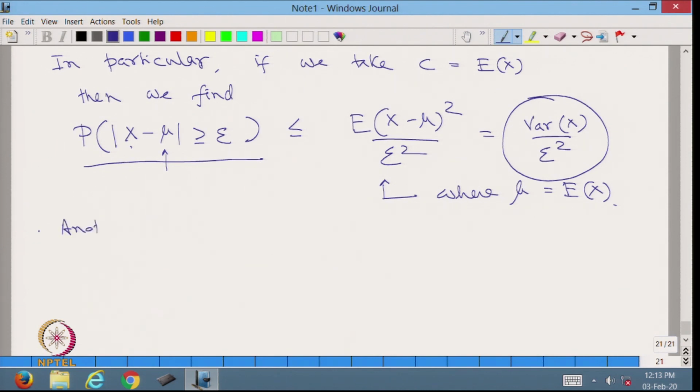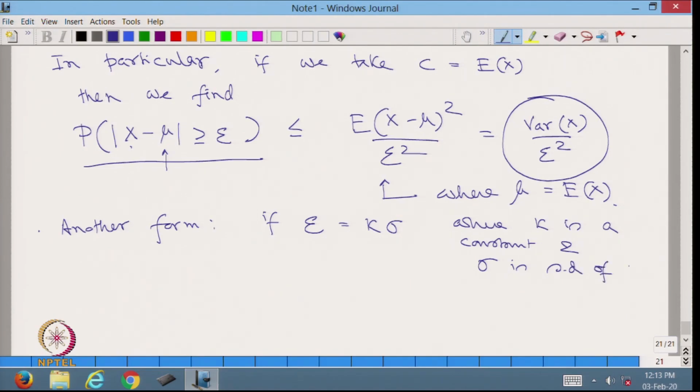Another form: if epsilon is equal to k sigma, where k is a constant and sigma is the standard deviation of x, then probability modulus of x minus mu greater than or equal to k sigma is less than or equal to 1 upon k square, by putting epsilon equal to k sigma.